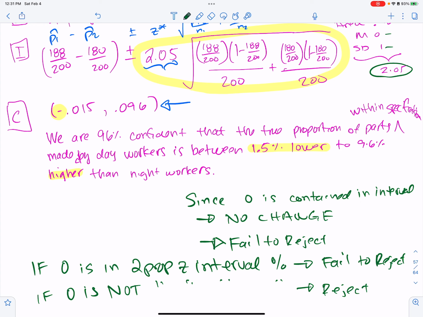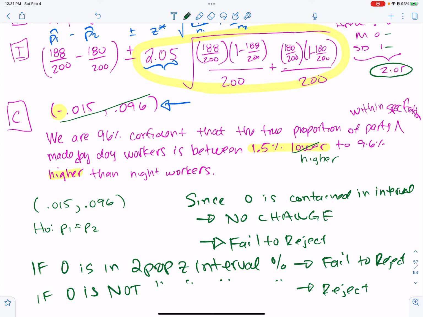And let's look why. Let's say that this is not my interval. Let's say my interval ends up being 0.015 to 0.096, both positive. Then my conclusion would say we are 96% confident that the true proportion of parts within specification made by day workers is between 1.5% higher to 9.6% higher. We're saying it's always higher. They are not the same. And remember, my null hypothesis assumes they are the same.